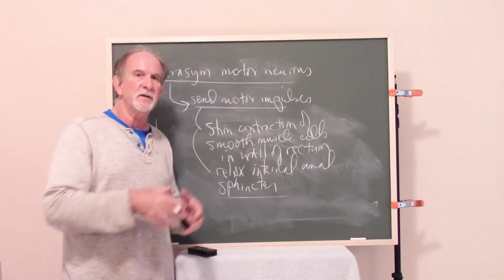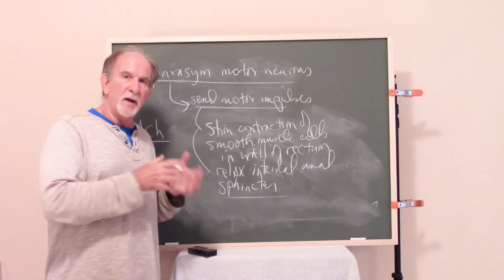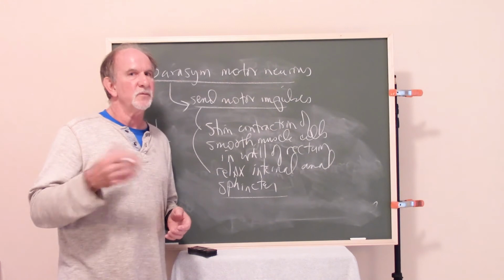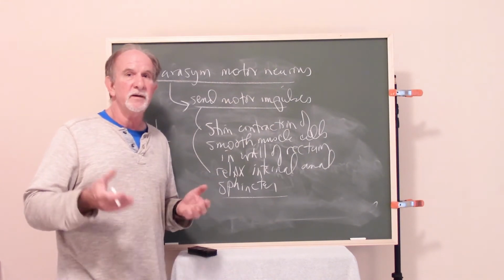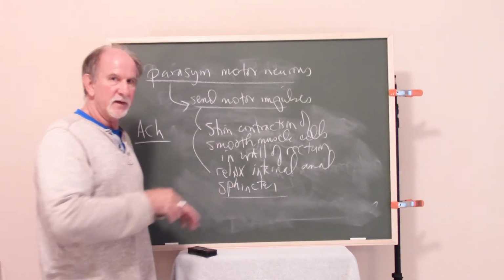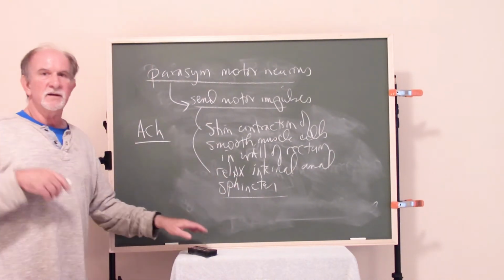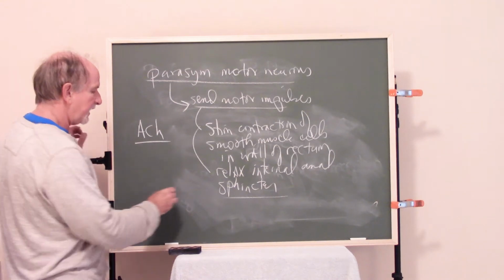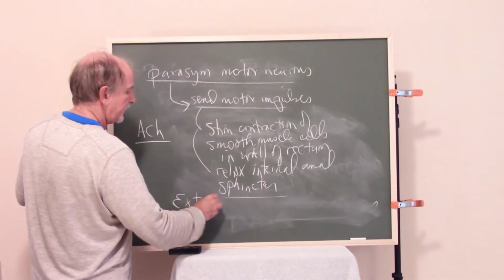And again, this is when a person would defecate by way of this reflex. And it's when a little baby who hasn't been potty trained is going to defecate. We wouldn't necessarily defecate at this time because of the presence of the external anal sphincter.